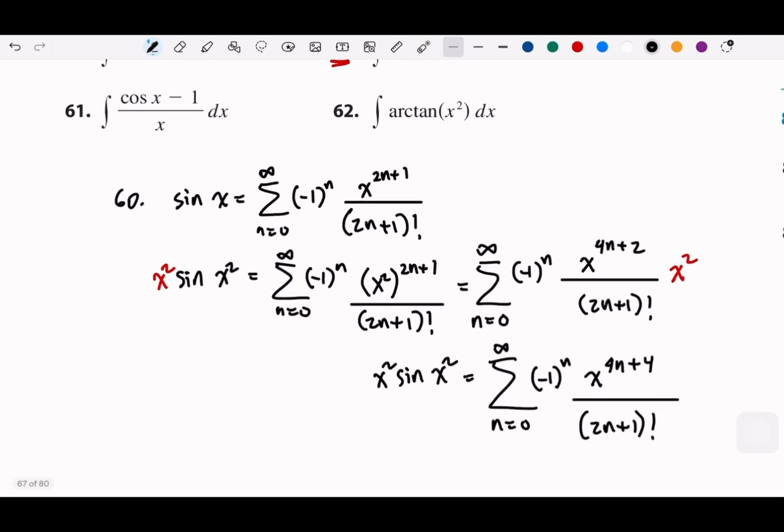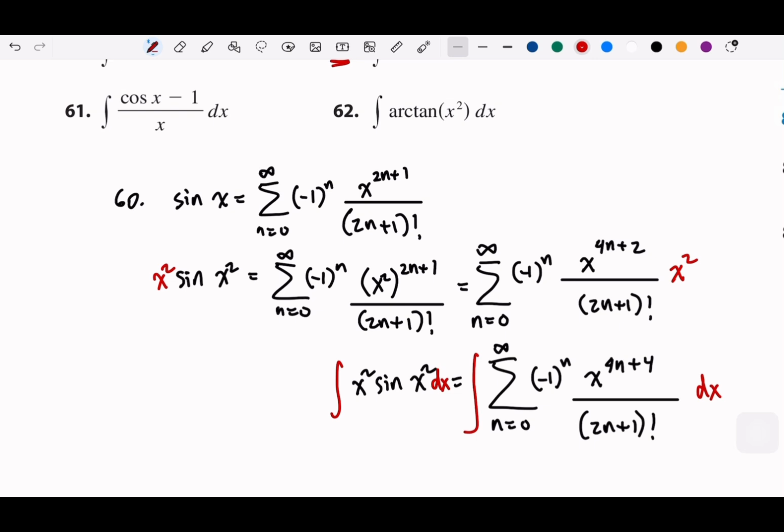Okay. Now next, I will take this into our integrations. Oh wait. So let's integrate this. So let me write integrations with respect to dx. So we are going to integrate this with respect to x.